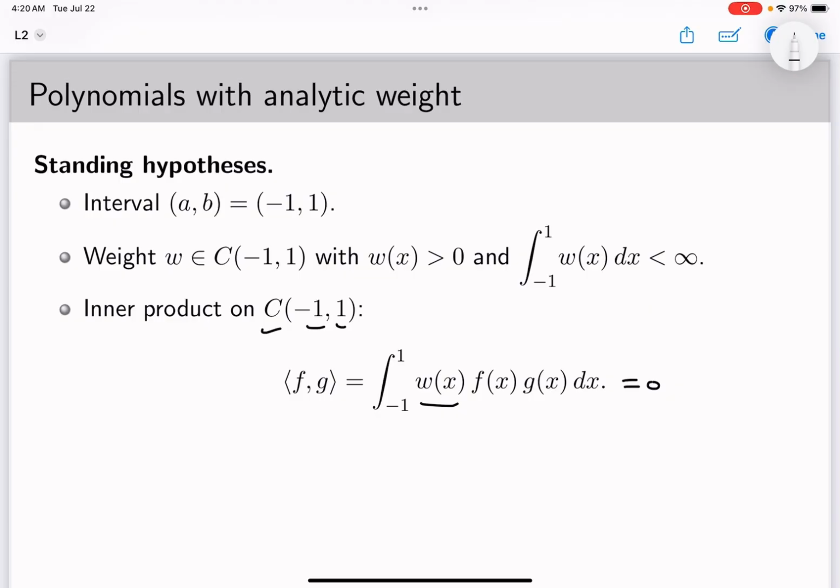And if it is 0, we're going to call f and g orthogonal. Okay, so from now till the end of the video, when I use this notation, I mean this is the inner product. And when I say orthogonal polynomials, I mean that this inner product of them is 0.